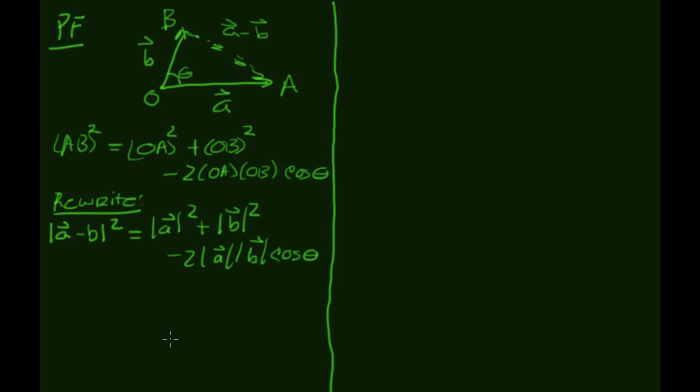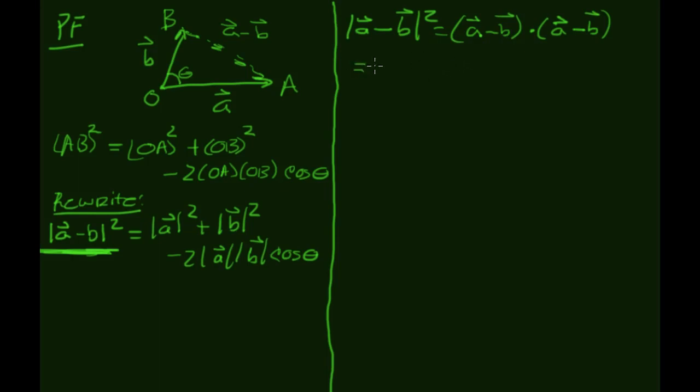Okay, so this is where we're going to get a little clever. We're going to examine the left-hand side here. The magnitude of A minus B squared should be A minus B dot A minus B. This is from one of the properties that we got in the last set of notes, that the magnitude squared is the same as the dot product of something with itself.